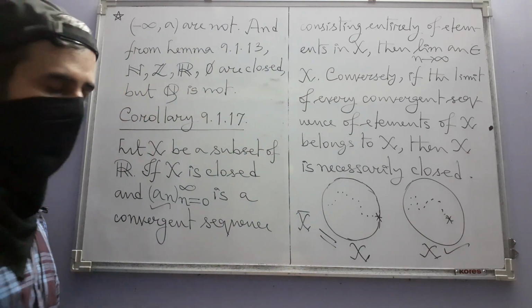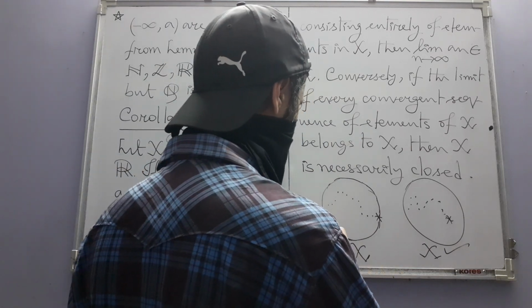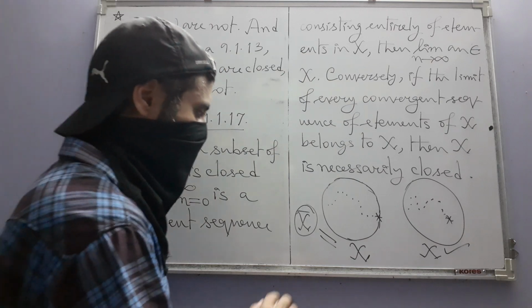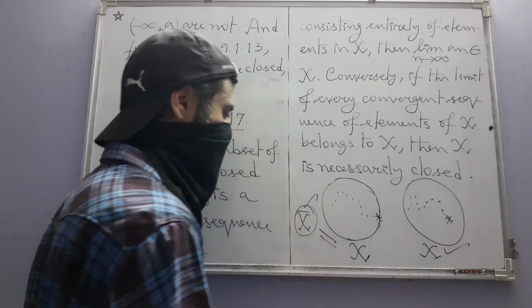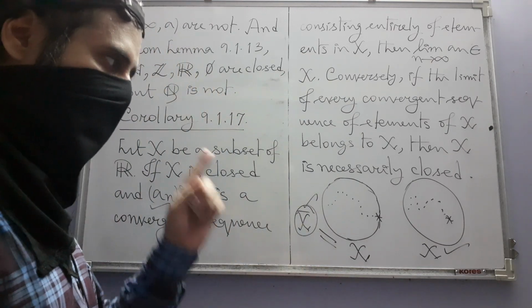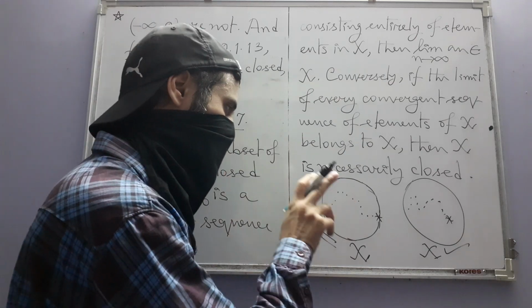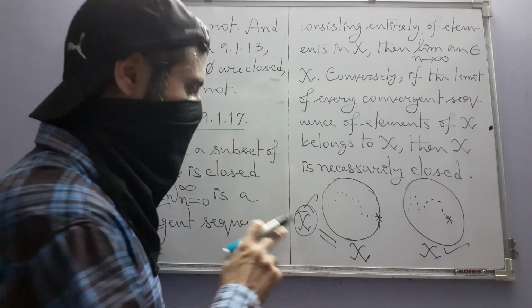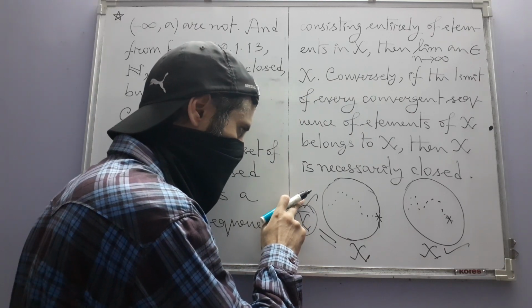And conversely, suppose that the limit of every convergent sequence inside X is also in X. But then that means what? That means that the closure of X is contained in X. Why though? That's because if you take any arbitrary point in the closure, then by that lemma, there is at least one sequence in X which is convergent and which converges to that point.